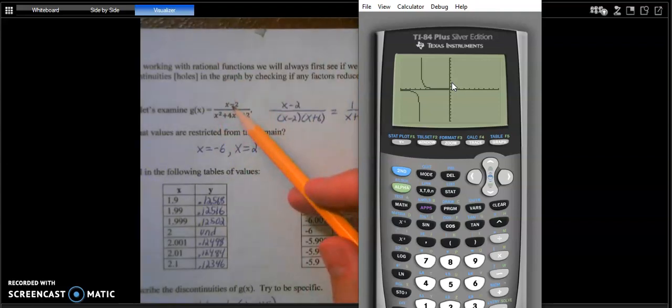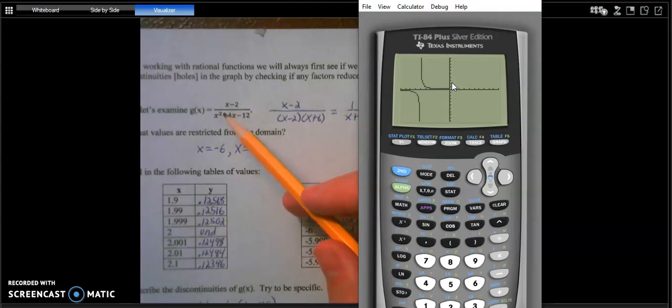If you put in a large value, like say 100, you would have pretty close to 100, technically 98, divided by 100 squared. You have the numerator much smaller than the denominator, so that is going to 0.